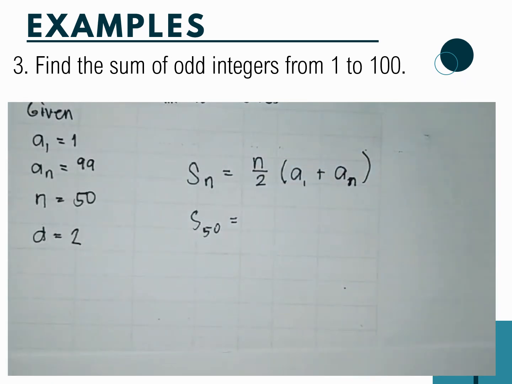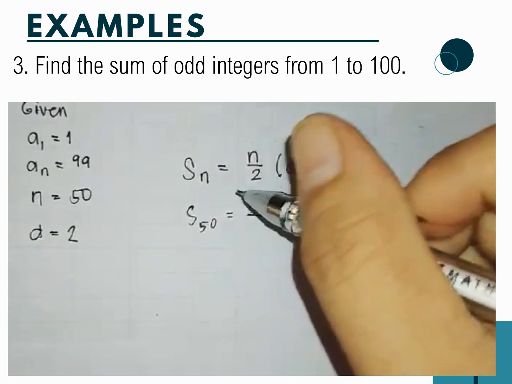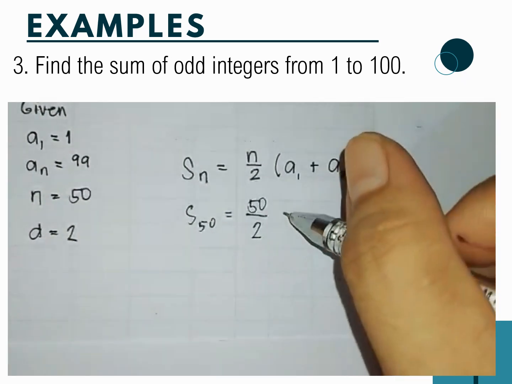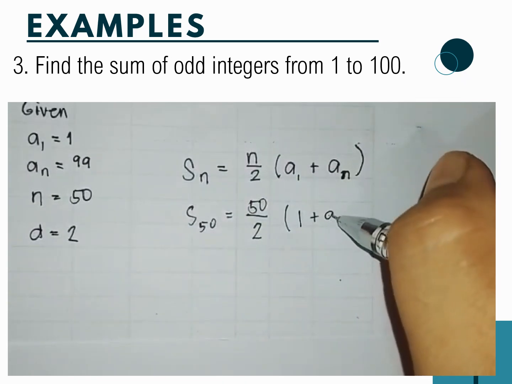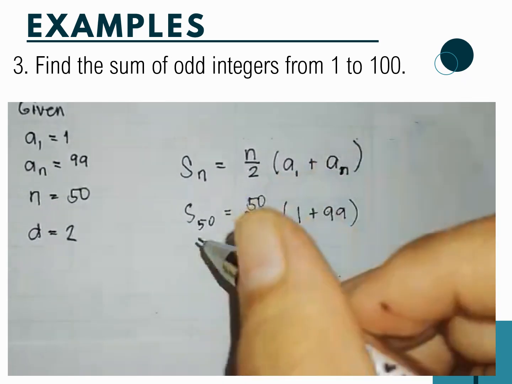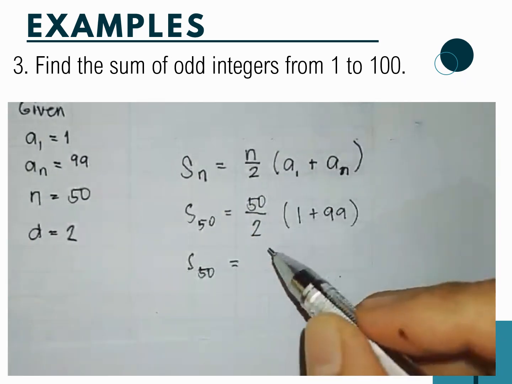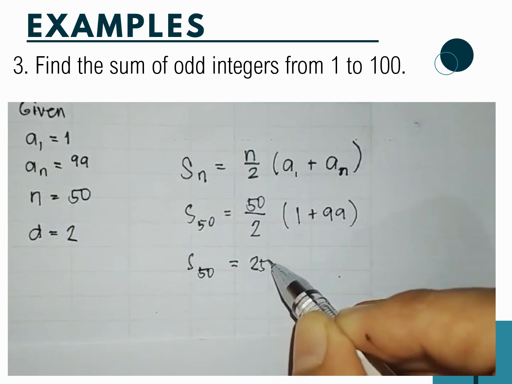Now let us substitute the givens. So what will be the sum of all these 50 terms? Our n here is 50 over 2. A sub 1 is 1. A sub n is 99. Solving for the 50 terms, 50 divided by 2 will give us 25.